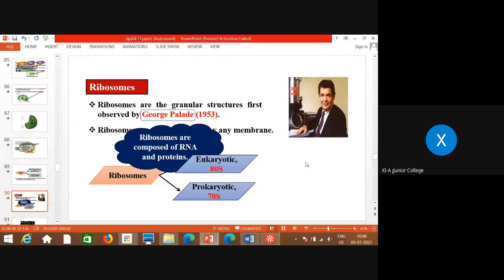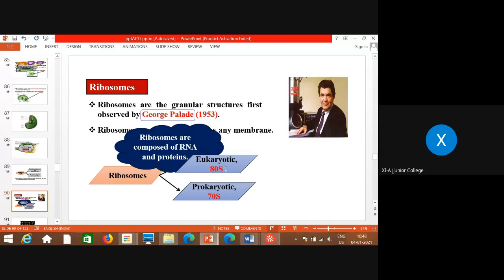Now in detailed structure of ribosomes, ribosomes are granular structures first observed by George Palade in 1953, and they are composed of RNA and proteins. What important thing you need to remember is that they are of 2 types.